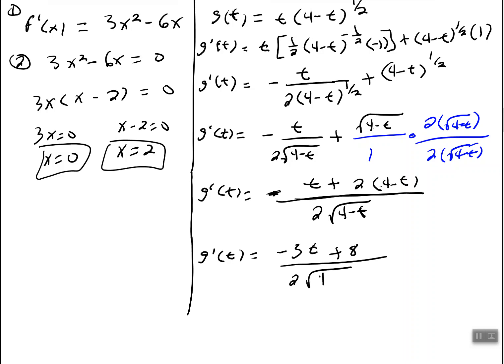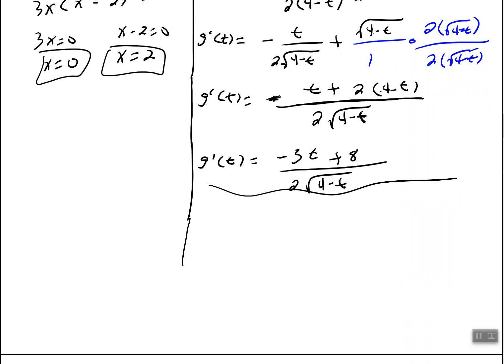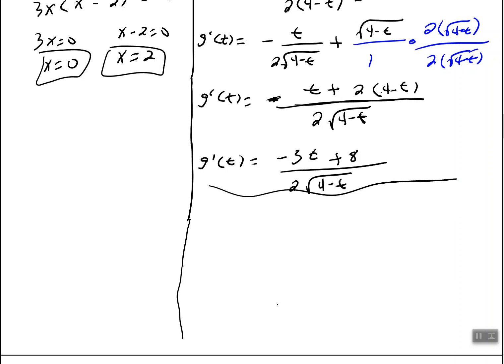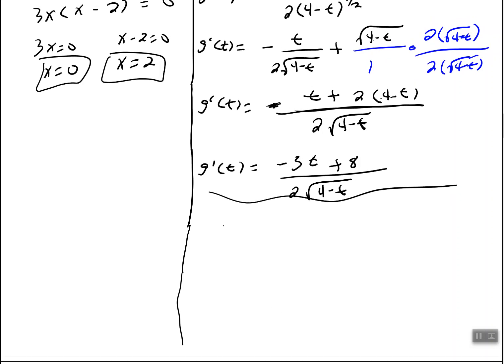Now we should be in a good enough position to find the critical numbers. So let's take this to find the critical numbers. Remember, you need to take your derivative and set it equal to 0. All right, so let's set this derivative equal to 0.